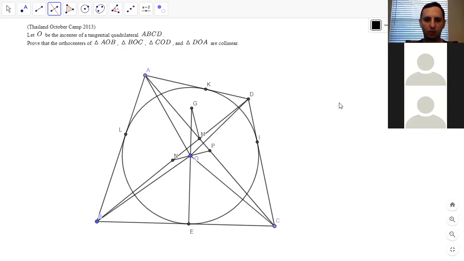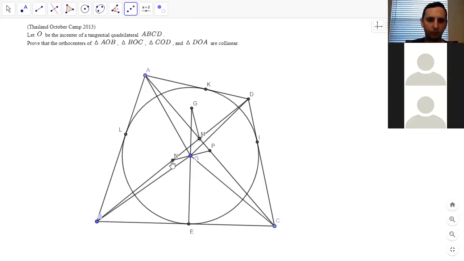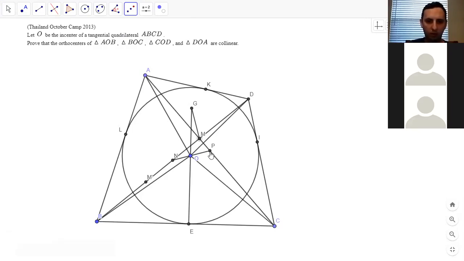Can you reflect M across N and P? Yeah. And draw the circles with center and passes through M. Okay. So those two circles? Actually, GM is the radical axis, maybe. It must be, but how to prove it?